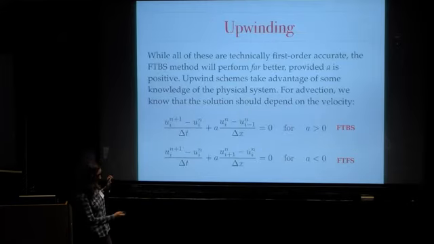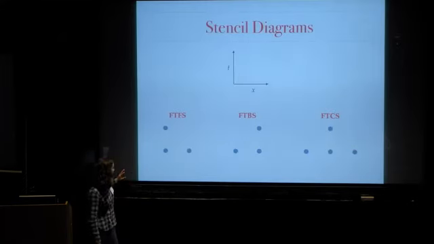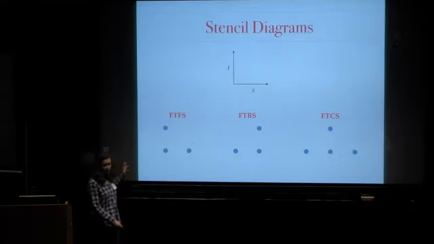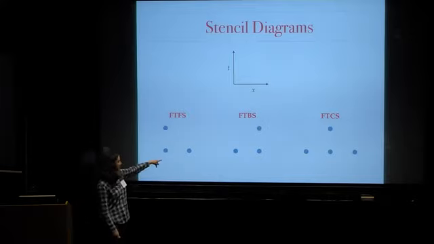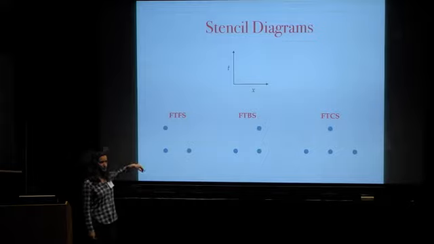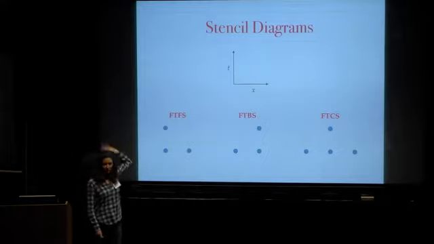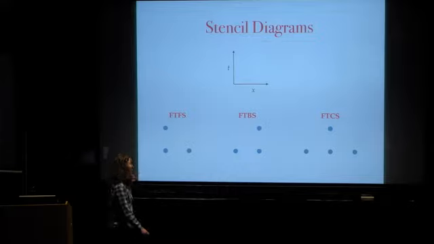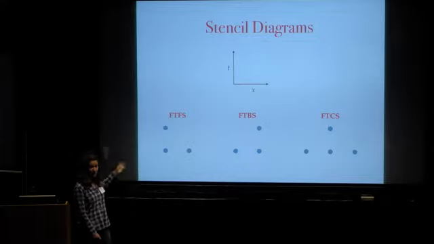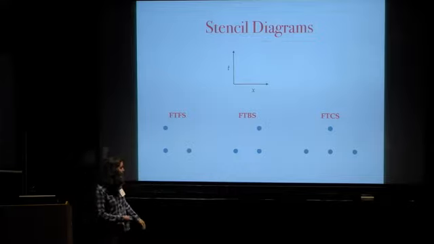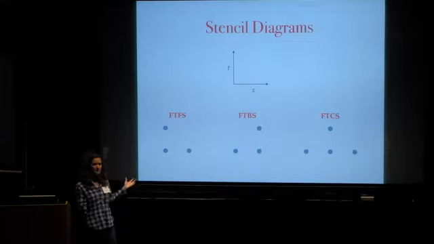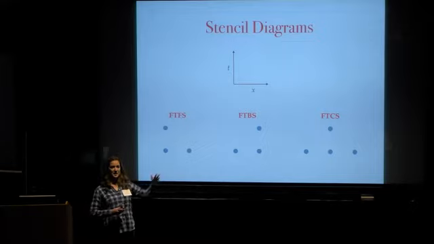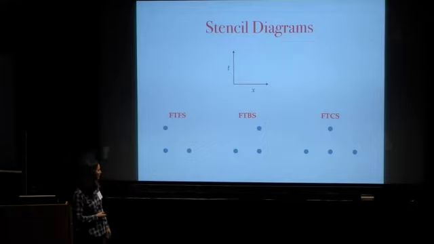If we considered our advection equation, where we had a wave that was traveling to the right in the problem, and we used forward time, forward space in order to calculate the derivative, what we would find is a violently unstable solution, because it knows absolutely nothing about the direction of the speed of flow. On the other hand, if we had used forward time, backward space, we would have found a relatively diffusive but reasonably traveling wave.